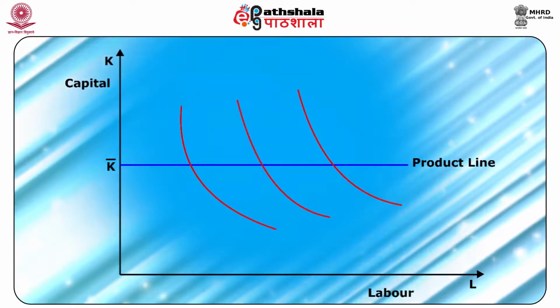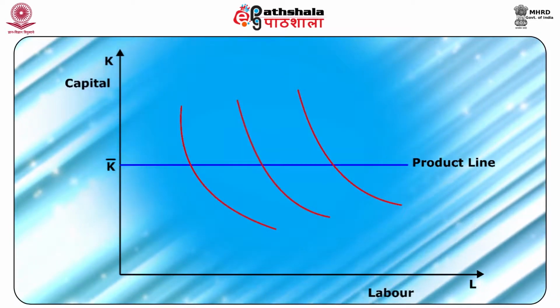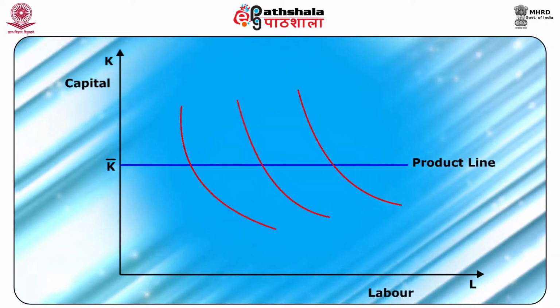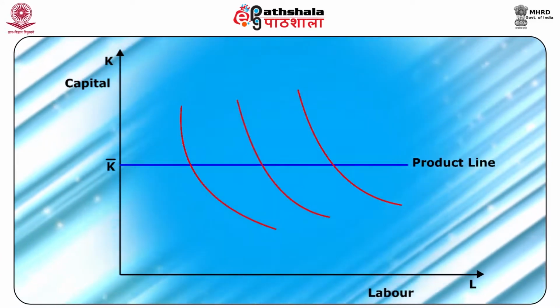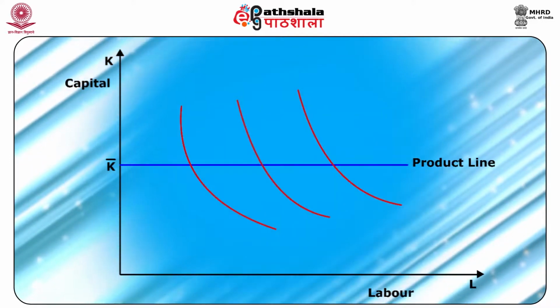If all the factors are variable, that is, in the long run, the product line passes through the origin. If only one factor is variable and all other factors are constant, that is, in the short run, the product line is a straight line parallel to the axis of the variable factor.